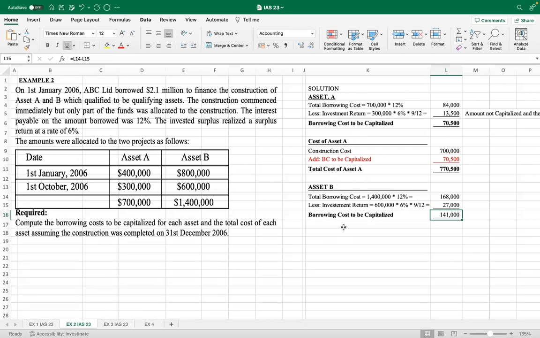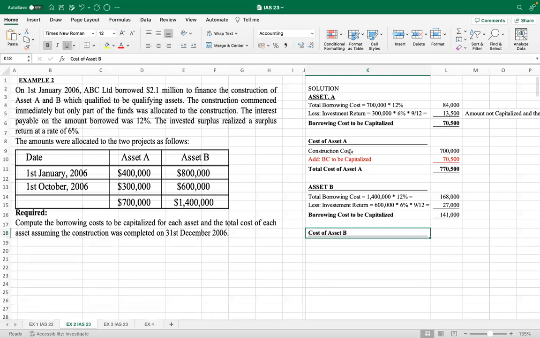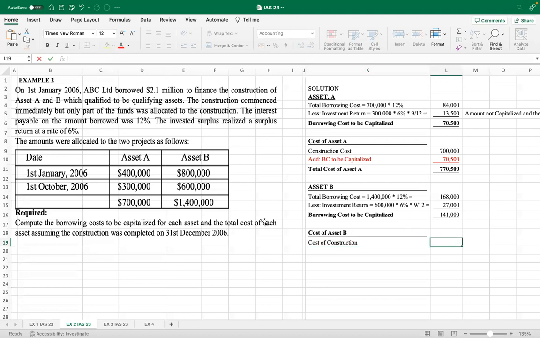Okay, now we need also to calculate cost of asset B. Now, cost of the asset B is cost of construction, which is 1.4 million.